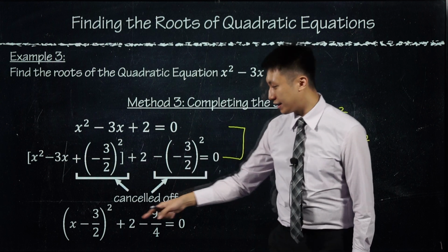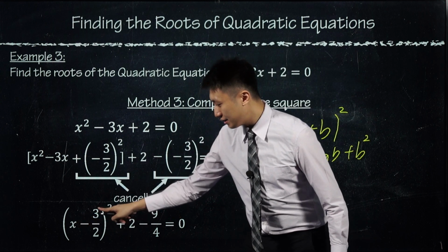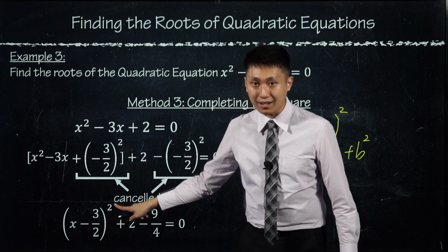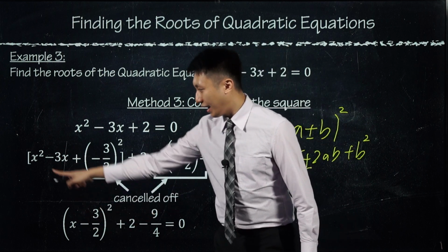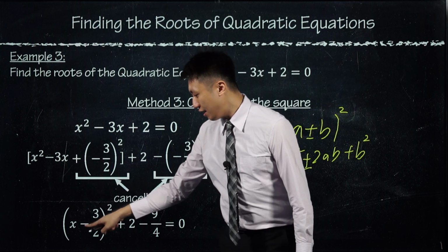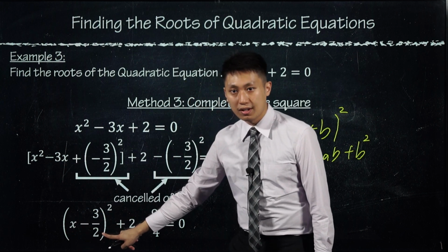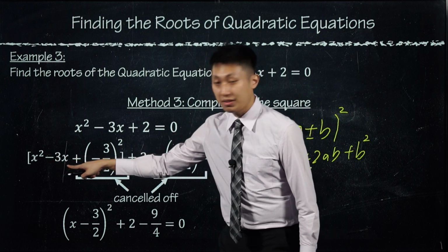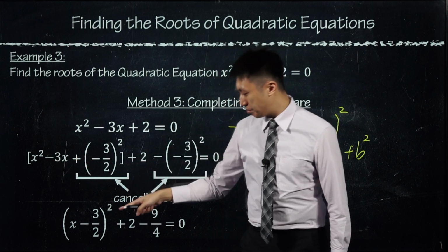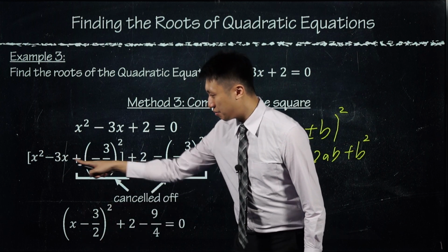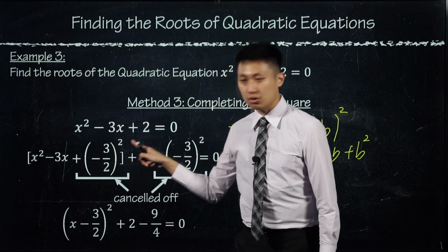Let's verify this. x minus 3 over 2, squared, means a minus b squared, correct? Means a squared, x squared, minus 2 times x times 3 over 2. So you get minus 3x, then plus the behind squared, means plus the behind, negative 3 over 2, squared.